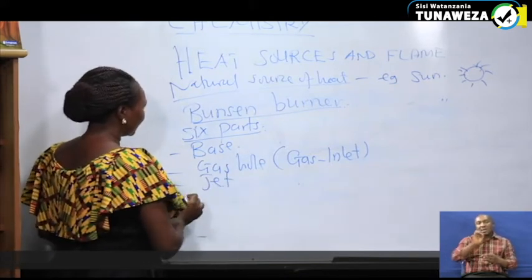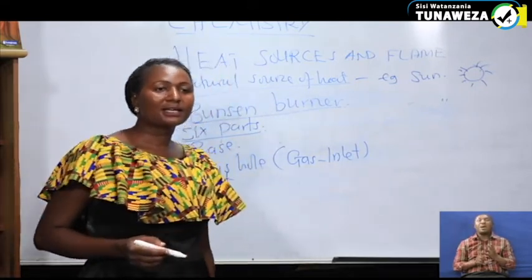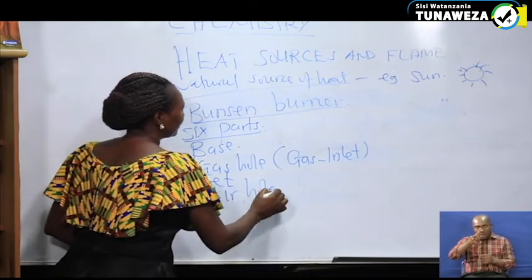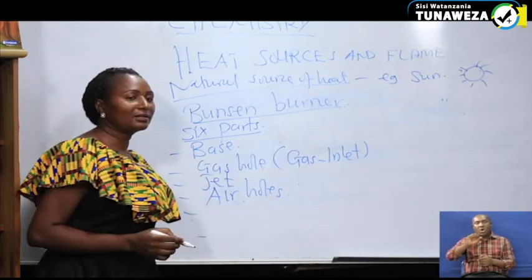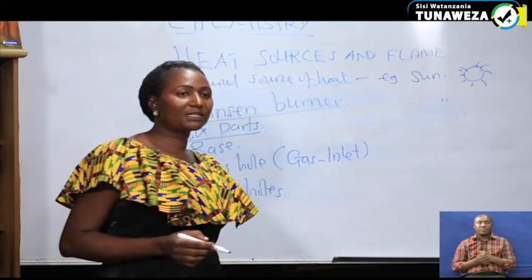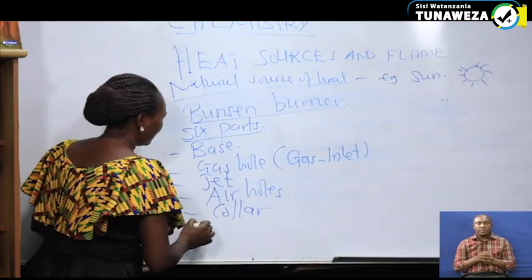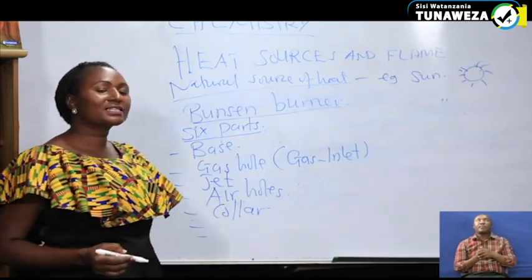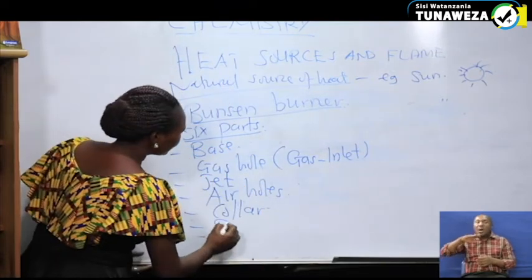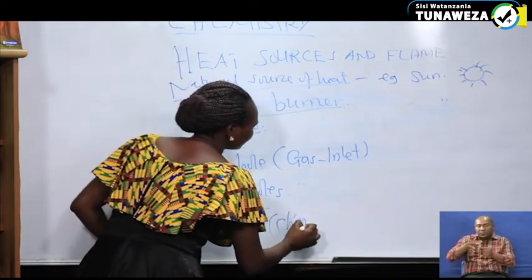Another part is the air holes. Another part of the Bunsen burner, apart from the air holes, is the collar. And the sixth part is known as the barrel or chimney.